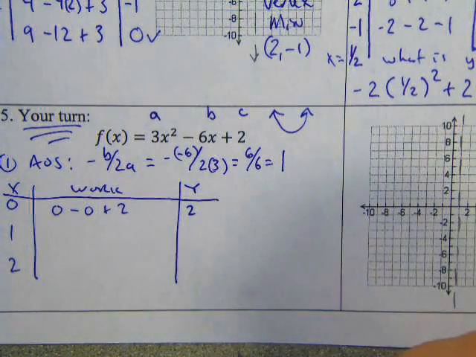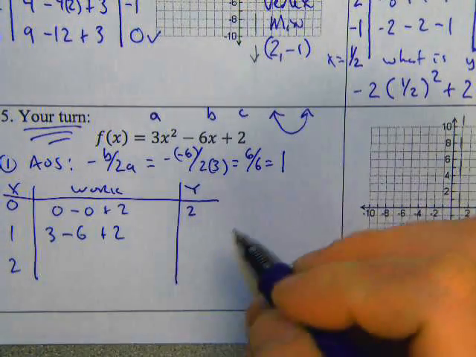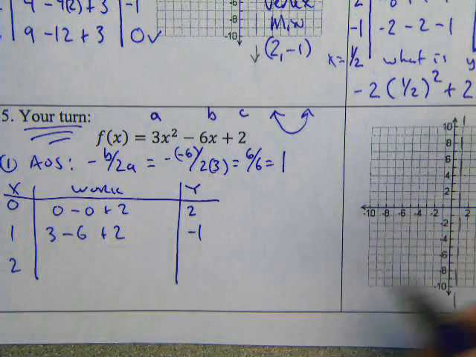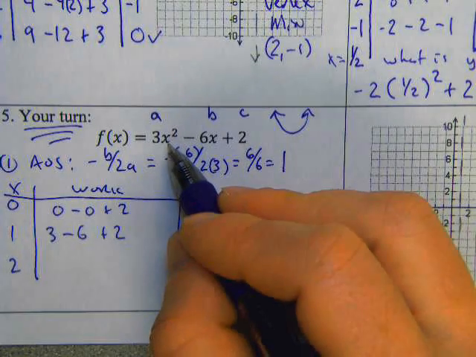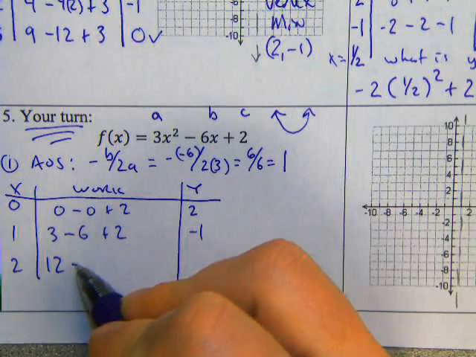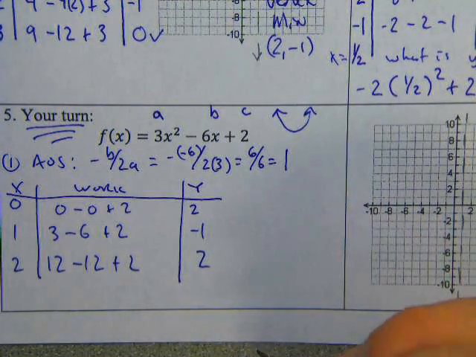And if it's 1, 3 minus 6 plus 2 is negative 1. And if I put 2 in, I get, what is that, 4, 3 is 12, minus 12 plus 2, so I get 2 here. So that gives me a few points.